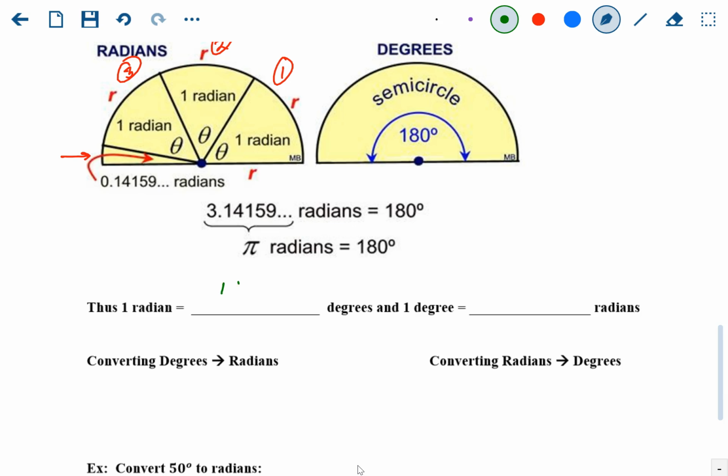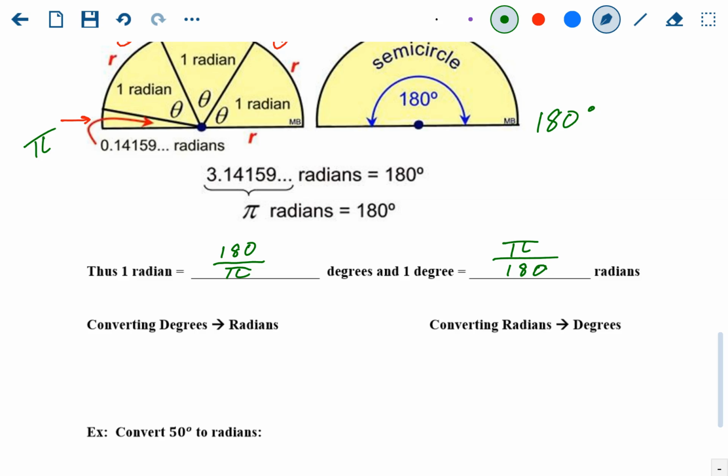Well, 1, 2, 3 plus that little portion, that's pi. It's pi radians. So therefore, 1 radian is equal to 180 degrees divided by pi, or 180 over pi degrees. And 1 degree is pi over 180 radians. Okay, so a half circle is pi. It's also 180 degrees. We're going to use that relationship to convert.